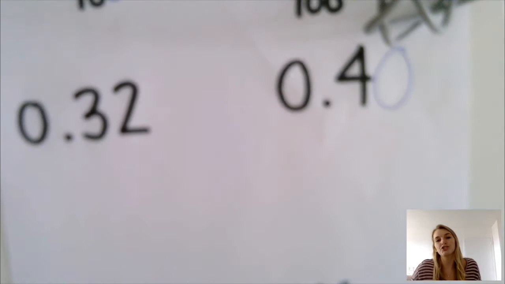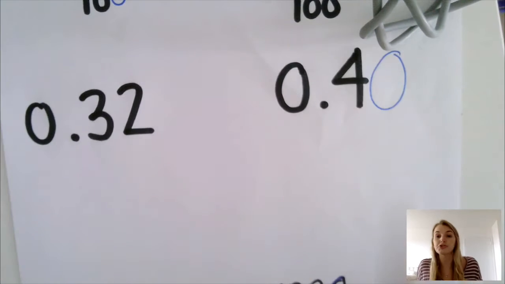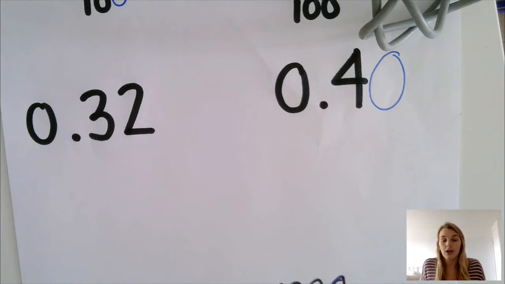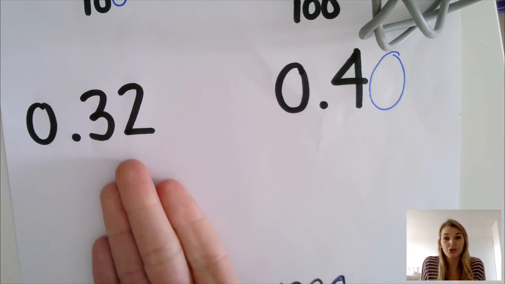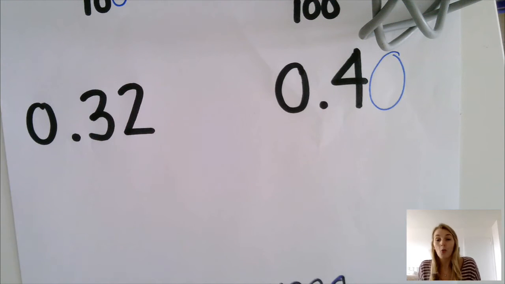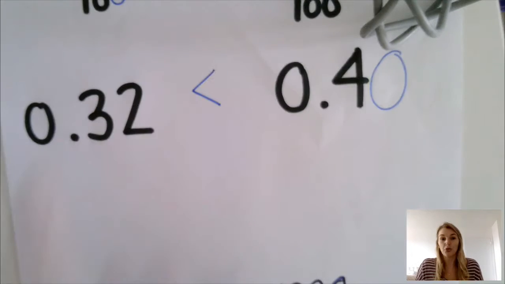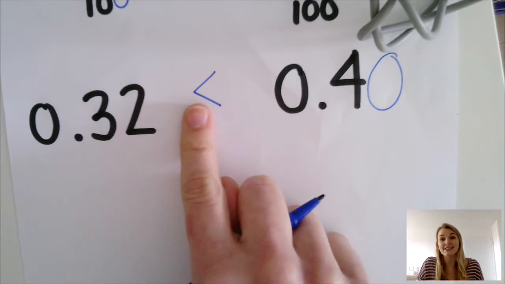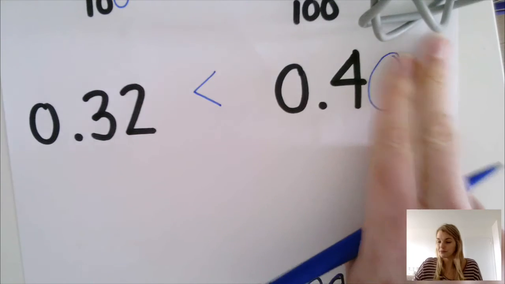That 0 is just a placeholder because it's showing that they are equivalent. 4 tenths is equivalent or equal to 40 hundredths. So now we can look at these. What's bigger, 32 hundredths or 40 hundredths? Well, I know the number 40 is bigger, so 40 hundredths must also be bigger. So 32 hundredths is less than 4 tenths, or less than 40 hundredths.